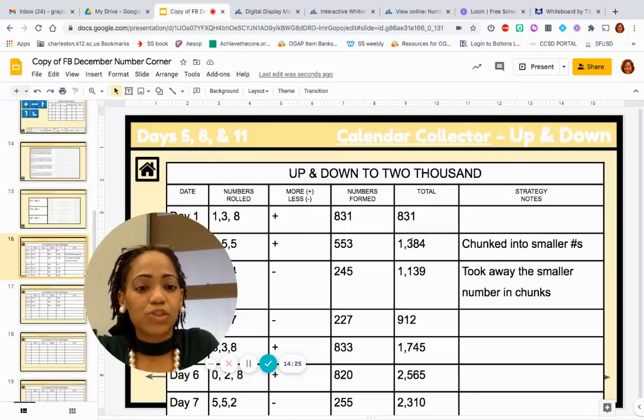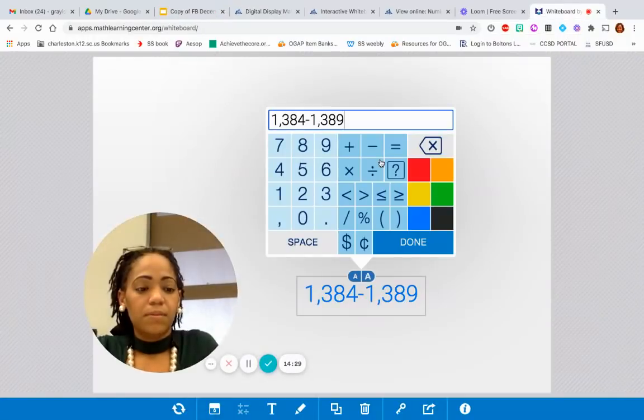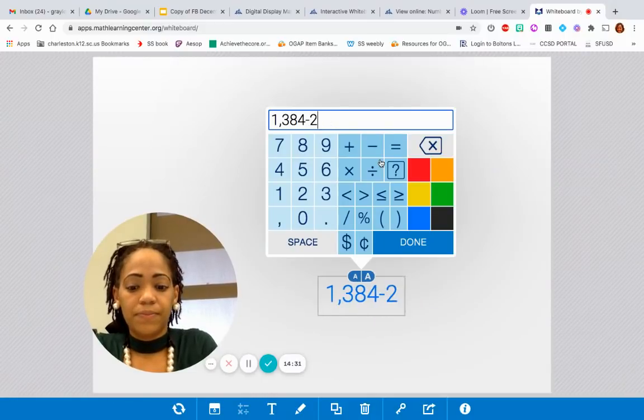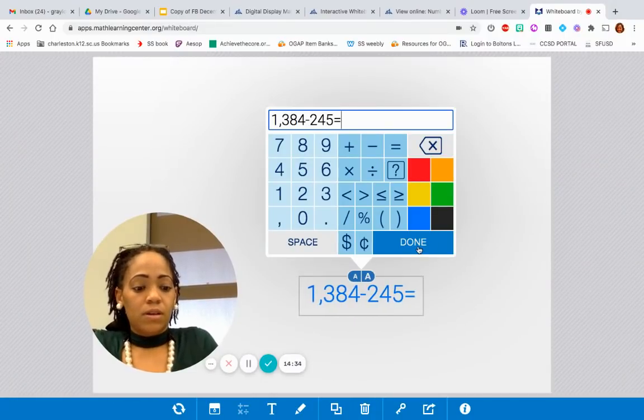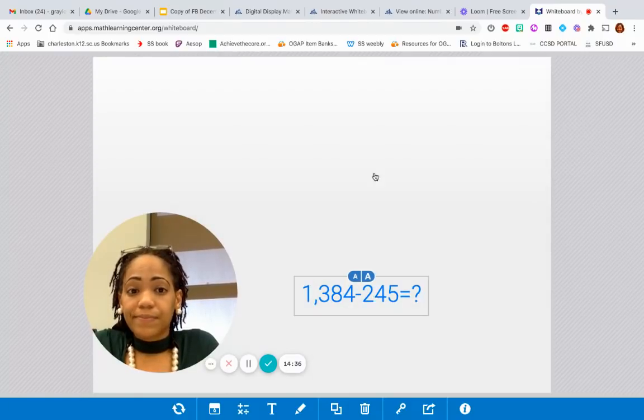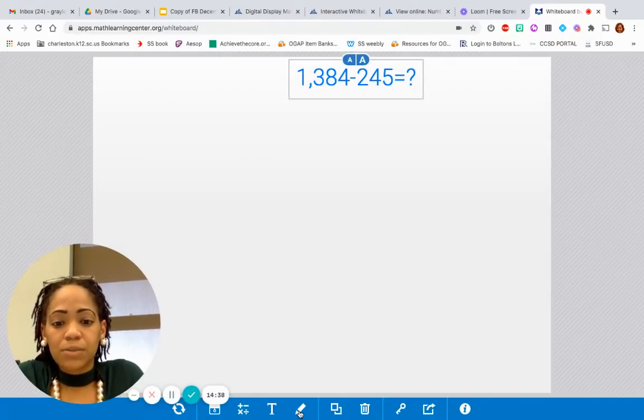Well, actually, we subtracted 245. Minus 245. It's going to give us our answer. So let me show you some of those strategies really quickly, and then I'll do the standard algorithm.